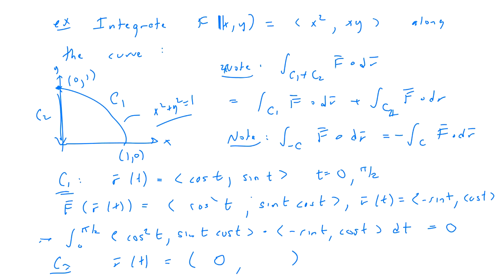So one of the things I could do is, well, I'm starting at 1 and I go to 0, so I could say that is 1 minus t, where t is 0 to 1. Or I could do 0 and t. In that case, t would go from 1 to 0.